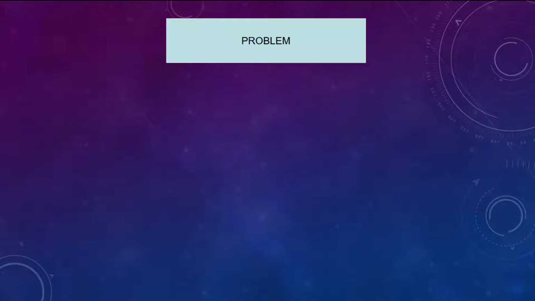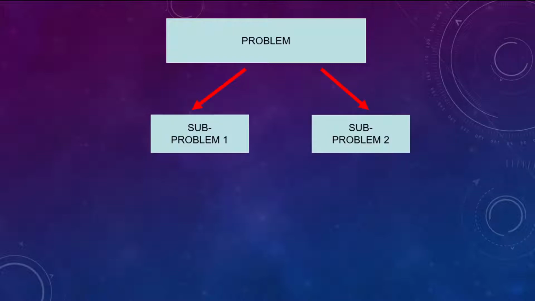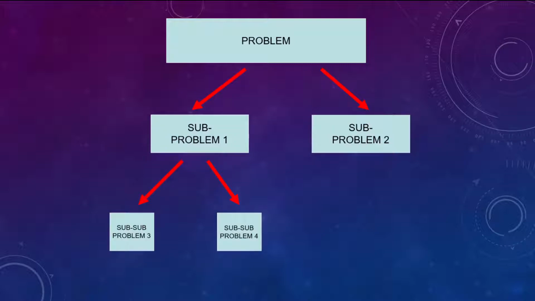We try to break it down into subtasks: subproblem 1, subproblem 2, and from there we can further divide it into even smaller subproblems. We break it down as much as we can, because we are able to resolve smaller problems more easily than a big problem. So we solve each part one by one, and then combine them to get a solution.